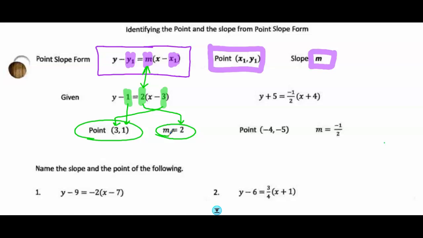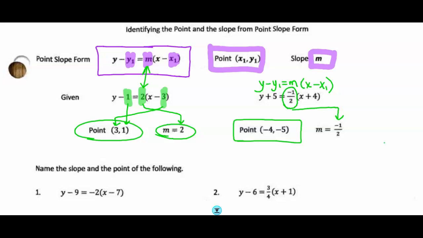The one to the right is given to you, and I'm going to write point-slope above it. y minus y1 equals m(x minus x1). In this case, we know that the slope is negative a half. However, if you look at this point, the point says negative 4.